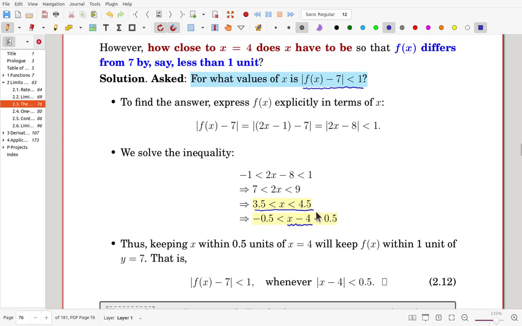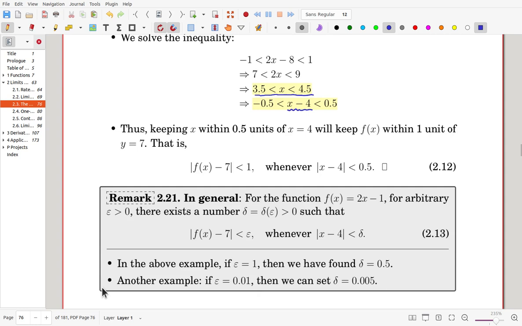This inequality is the same as that one. So the conclusion is that this will be satisfied whenever x is chosen satisfying this inequality, so that once the difference between x and 4 is less than half, then always the distance of f from 7 is bounded by 1. Okay.